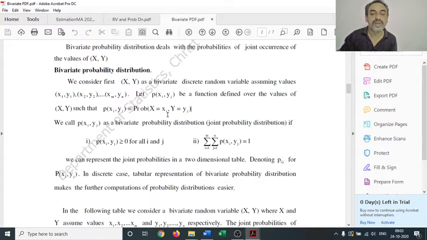Here x1, x2, etc., xk are k random variables, and the joint occurrence of their values is considered in the multivariate probability distribution. Multi stands for more than two random variables. So that is the situation of a multivariate probability distribution. Again, the multivariate probability distribution will also possess these two properties of positiveness and total probability 1.